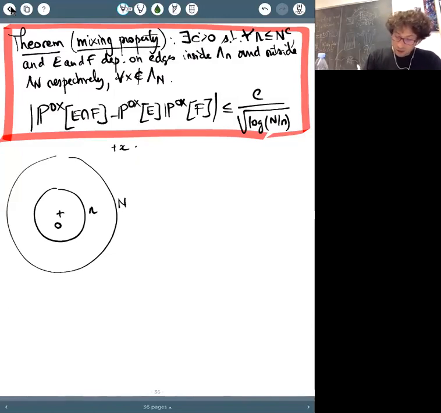So the problem is going to come from the fact that the sources force the existence of a path from 0 to x.